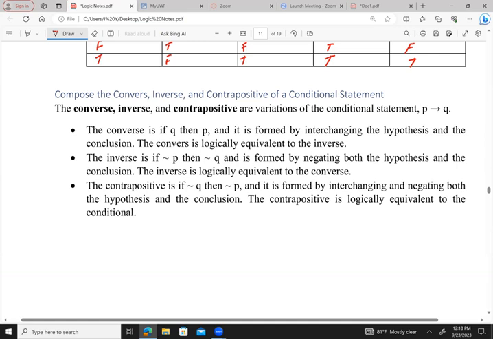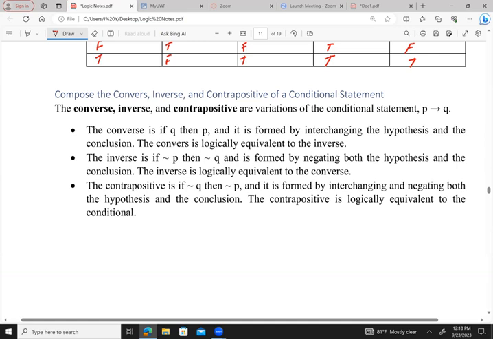The inverse is if not P, then not Q, and is formed by negating both the hypothesis and the conclusion. The inverse is logically equivalent to the converse. The contrapositive is if not Q, then not P, and is formed by interchanging and negating both the hypothesis and the conclusion. The contrapositive is logically equivalent to the conditional.